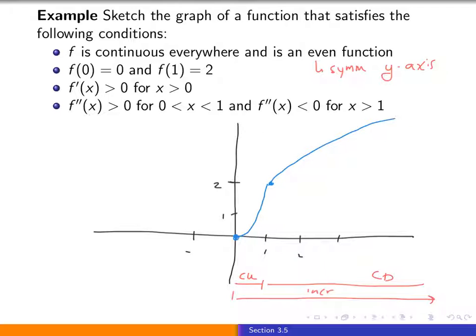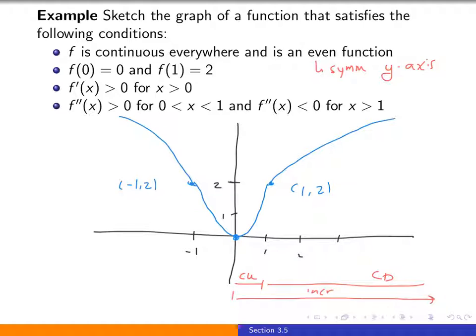To reflect this over, corresponding to the point 1, 2, we're going to have the point -1, 2. So just reflecting this over, we get something like this.